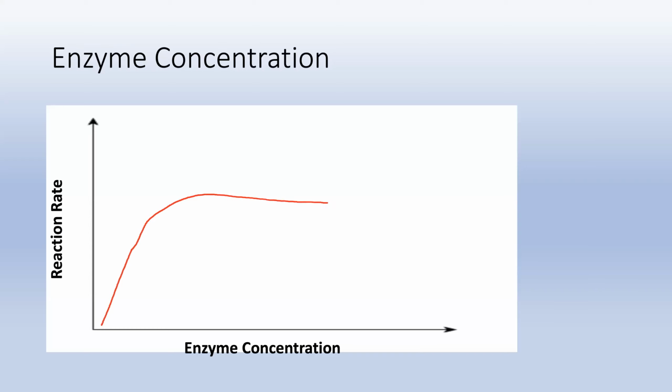It's directly proportional. And the reason that is, is because you have more enzymes that can collide more frequently with substrates. But eventually that reaction rate will level off because your substrate becomes a limiting factor. And what that means is you have more enzyme than what you do substrate.